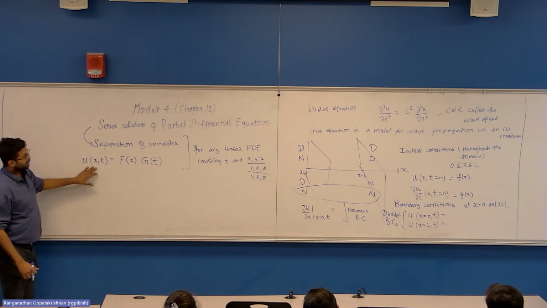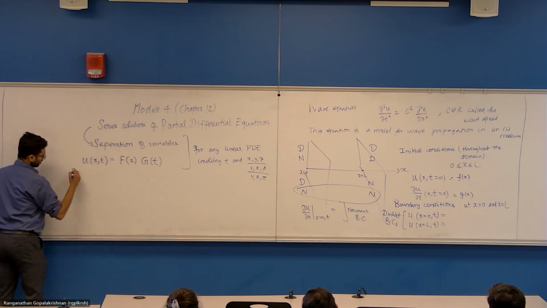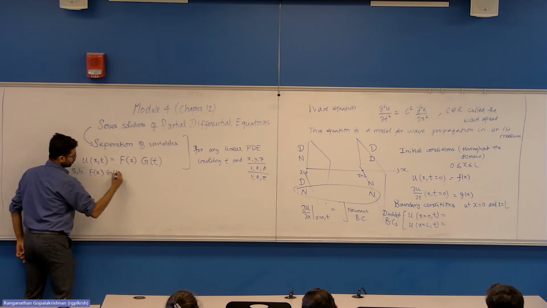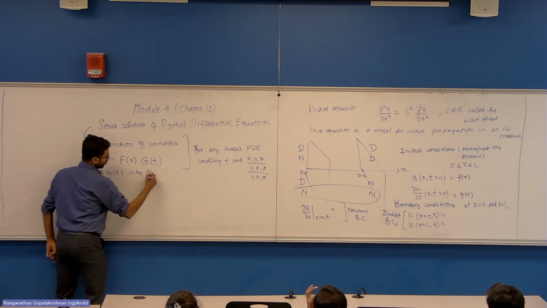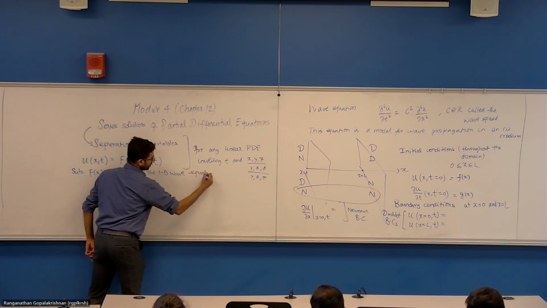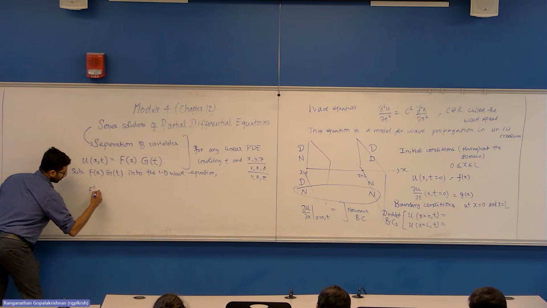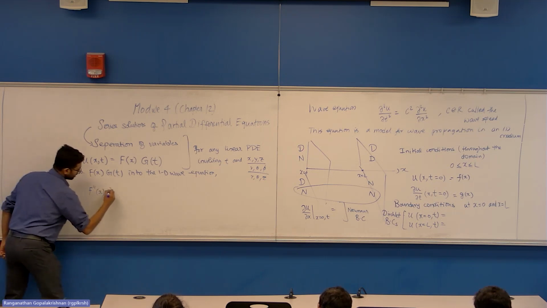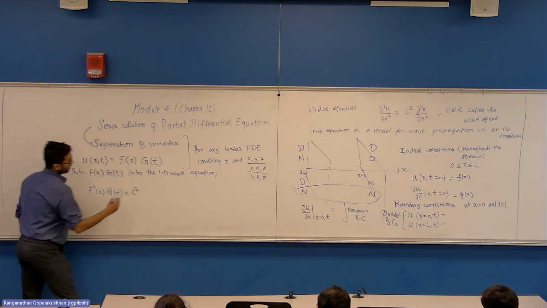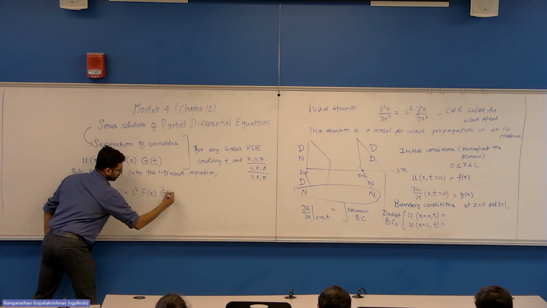So if you say the solution is a product of two functions, then substituting this solution into the wave equation, we would get the second derivative with respect to x of the function f times g equal to c squared times f of x times the second derivative with respect to time.